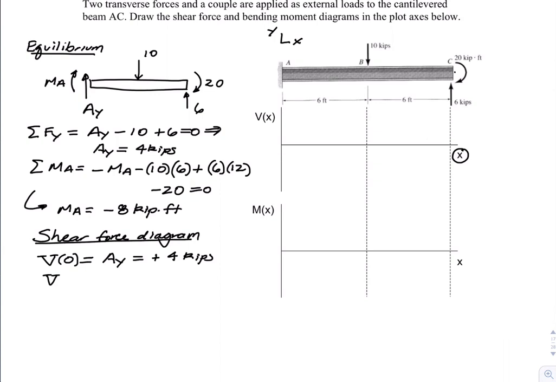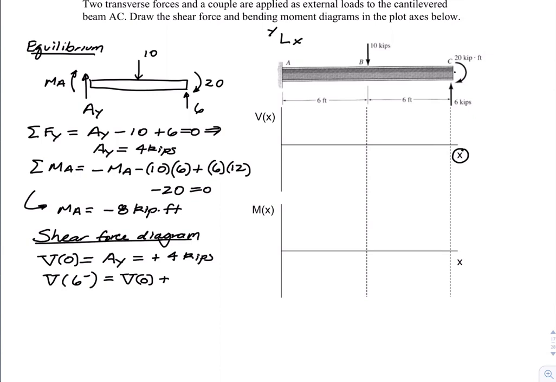If I look at the shear force at the point there of 6 feet, but just to the left of where that point load is applied, I know that's going to be equal to V0 plus the area under the p of x curve.